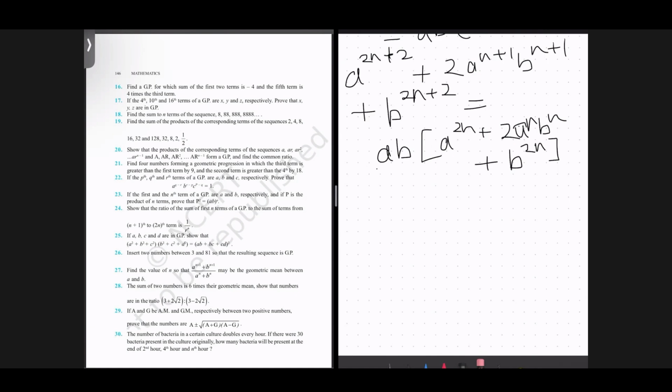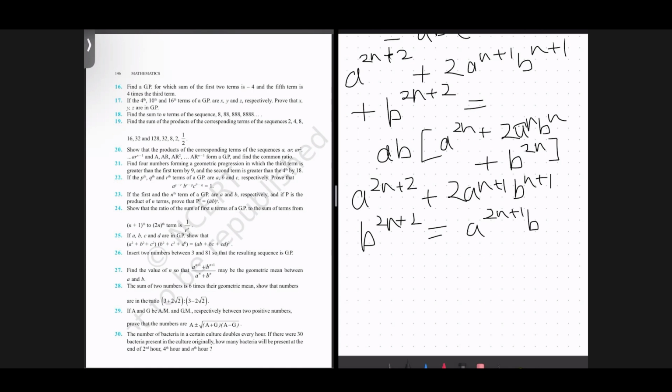Moving on, let us multiply ab into the bracket and see what we get. So on the LHS side, it's going to be the same. It's going to be a raised to the power 2n plus 2 plus 2 a raised to the power n plus 1 b raised to the power n plus 1 plus b raised to the power 2n plus 2, equal to a raised to the power 2n plus 1 b plus 2 a raised to the power n plus 1 b raised to the power n plus 1.